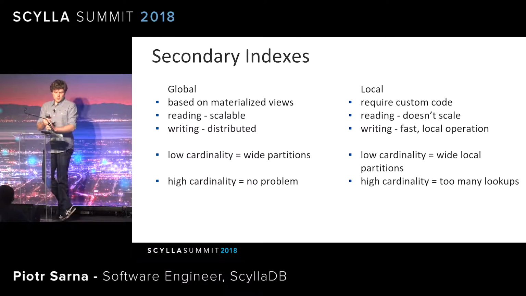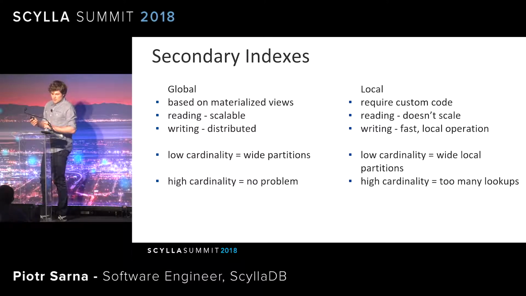One more topic, cardinality. Low cardinality means that there are few unique values in our column. And in case of global indexing, low cardinality implies a problem, which is wide partitions. And on the other hand, high cardinality, so many unique values, is not a problem at all.